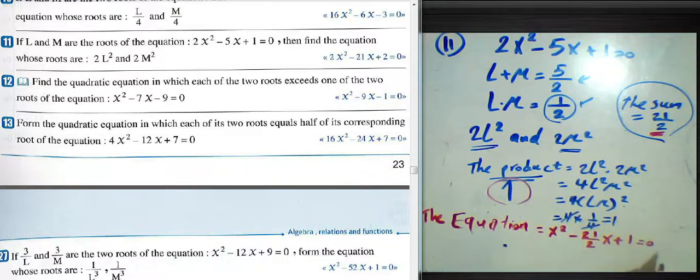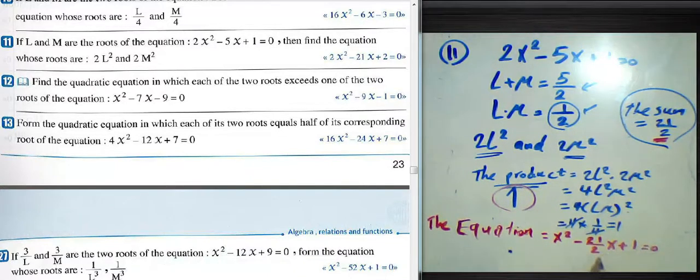We can simplify it by multiplying all terms by 2: 2x² − 21x + 2 = 0. Okay, it's clear.